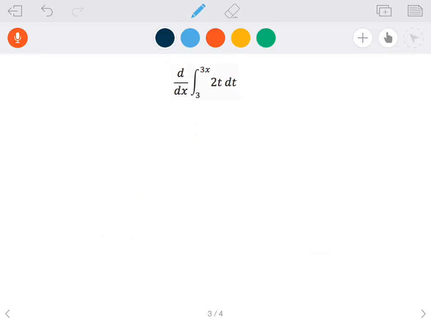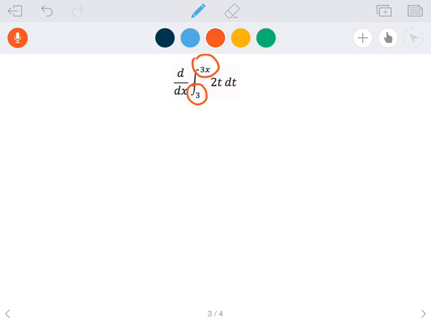Let's do another one. We want to apply the second fundamental theorem of calculus. If I look at my limits here, I have a constant, but here, this is not just a variable, it's a function, which means that I have to take my answer and multiply it by the derivative of that upper limit.